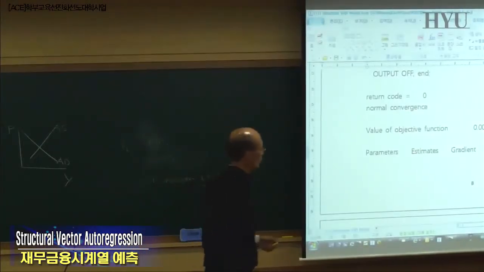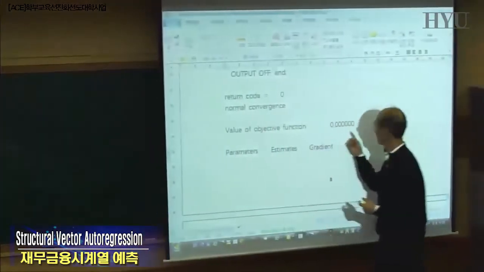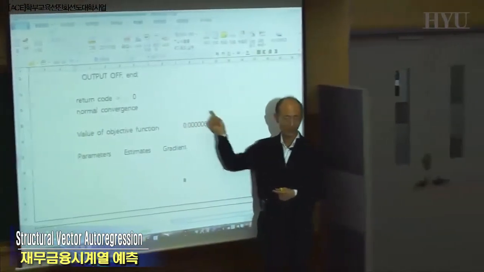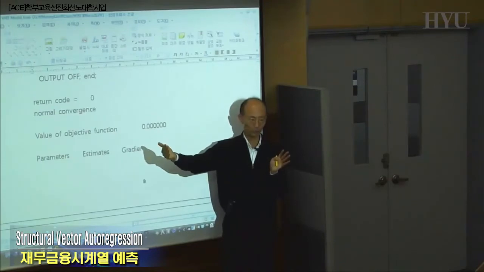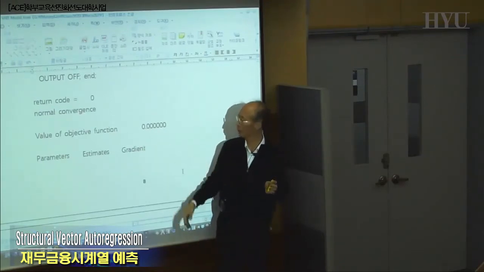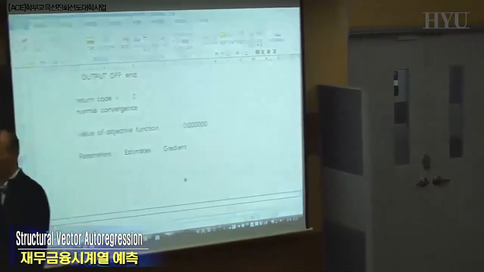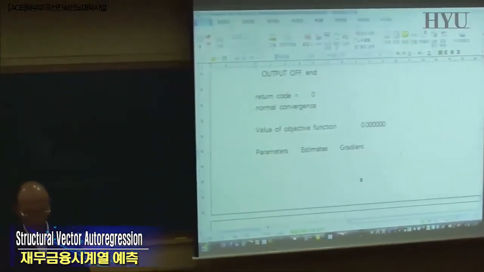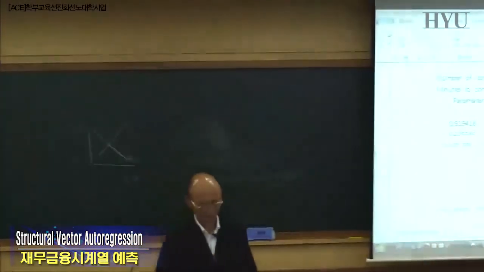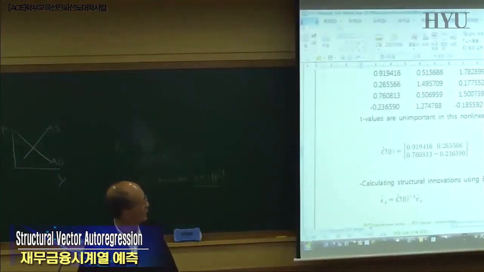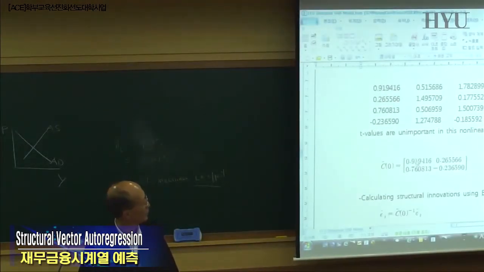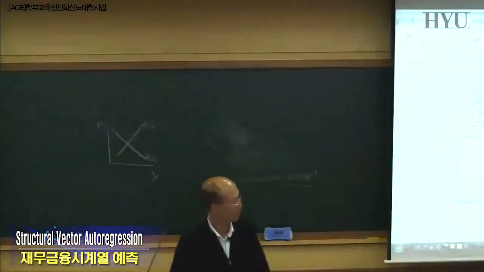And the objective function is practically 0, right? So you solved the exact solution for a 4 equations, 4 unknowns problem. Okay. So this is your estimate. This one, that one, this one, and that one.